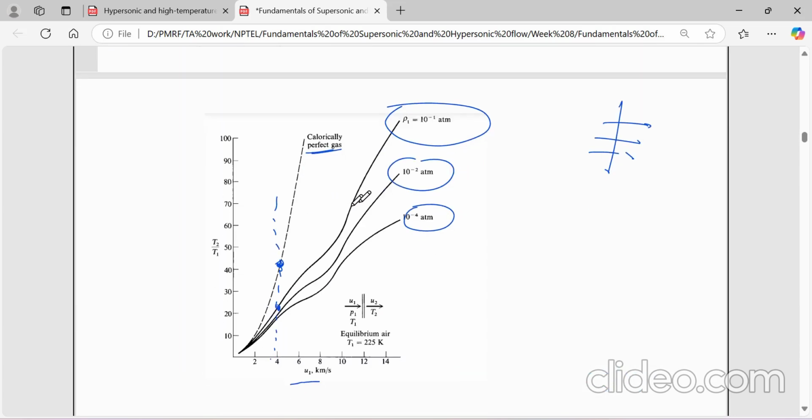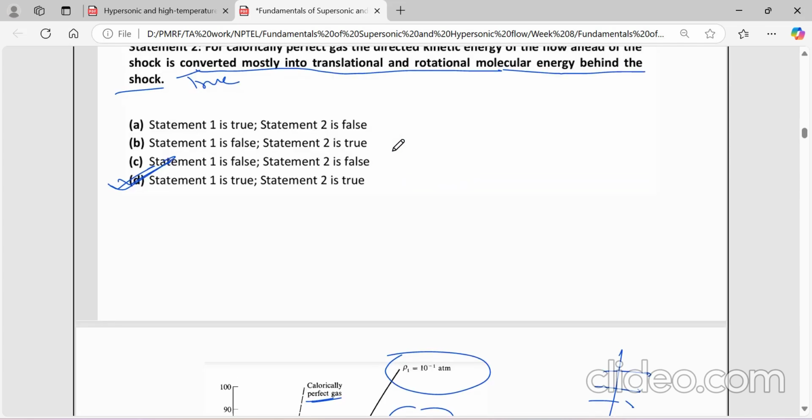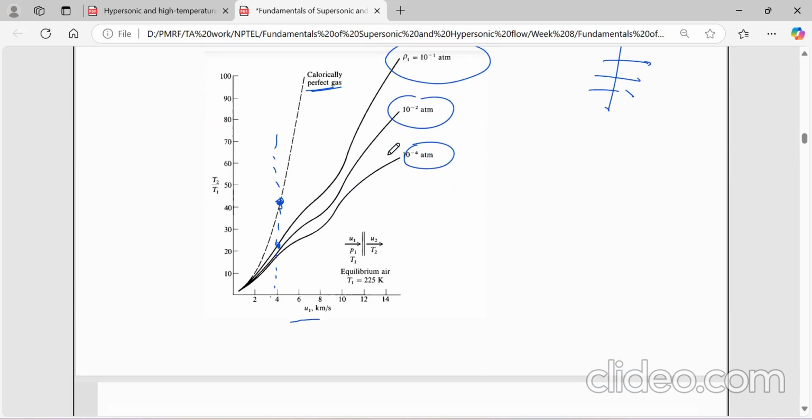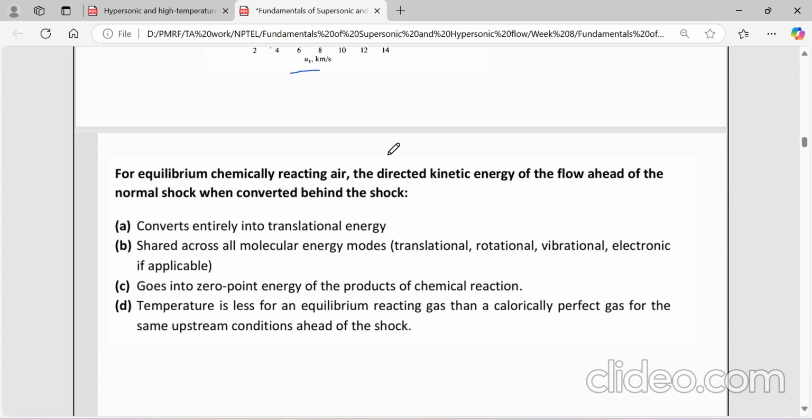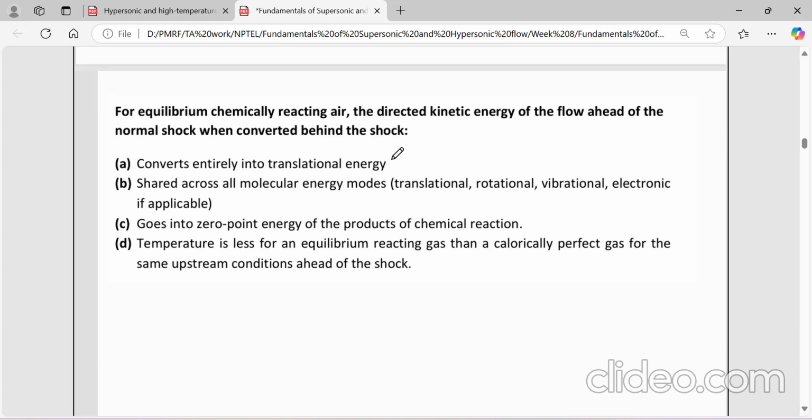In this plot, there are effects of pressure also. This I will discuss later. There is one more problem related to it also.